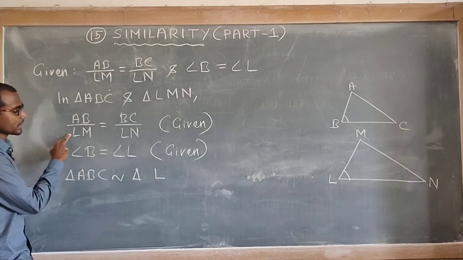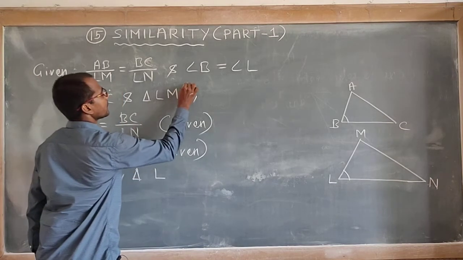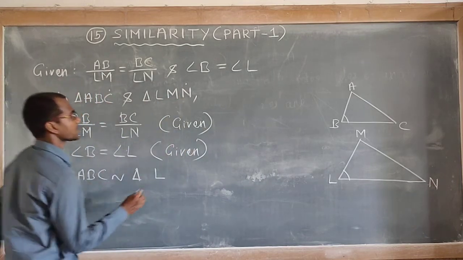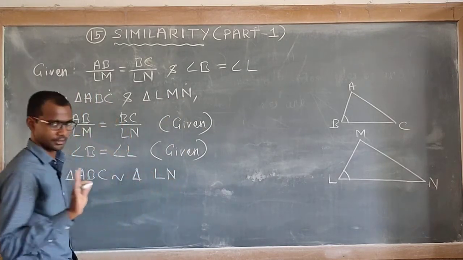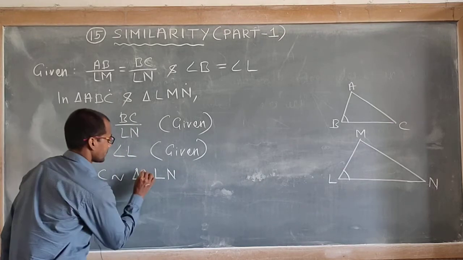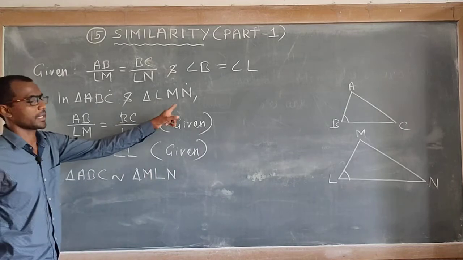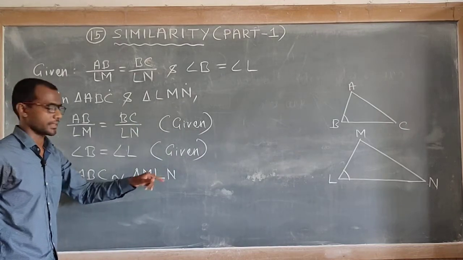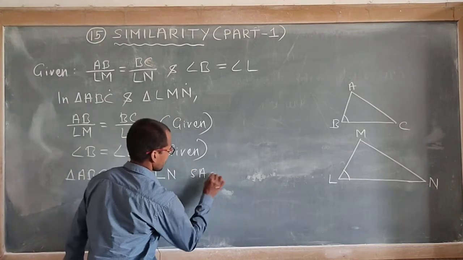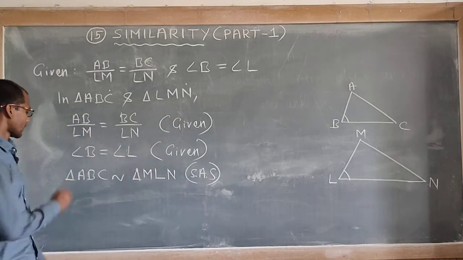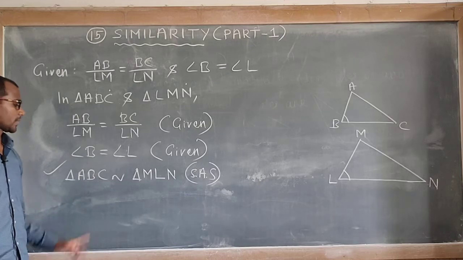C. Which vertex is opposite to LM? N. So C corresponds to N. So C third means N third. So which is the last option? Not LNM, the order is MLN. This is SAS postulate. Once you get the order, you get everything from the order.